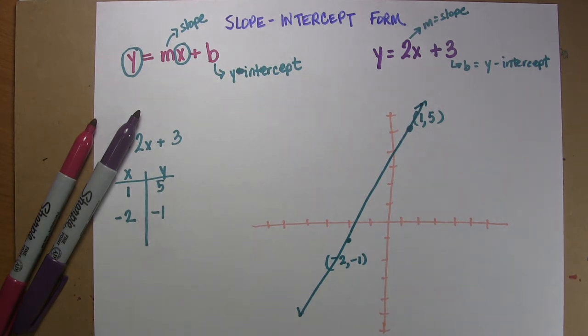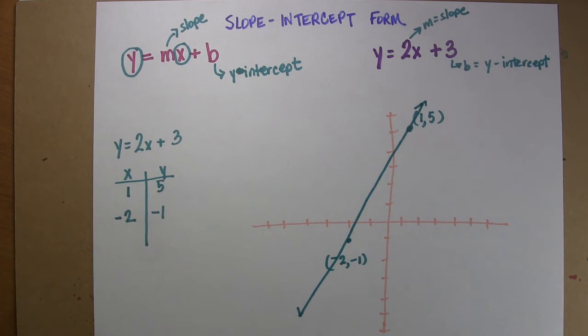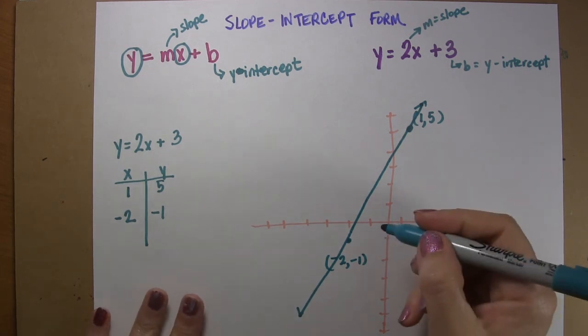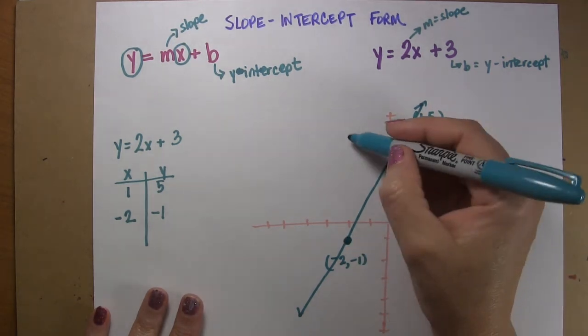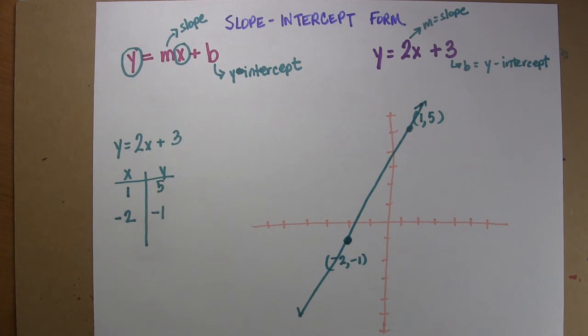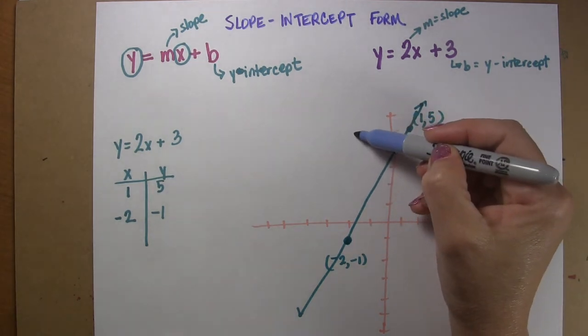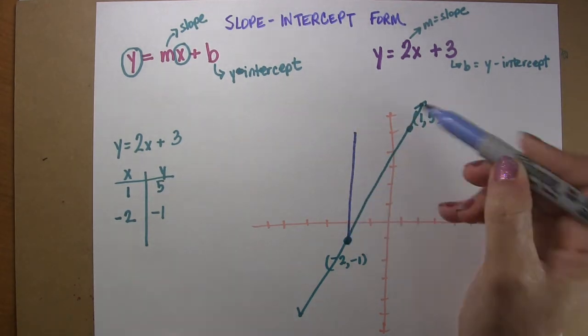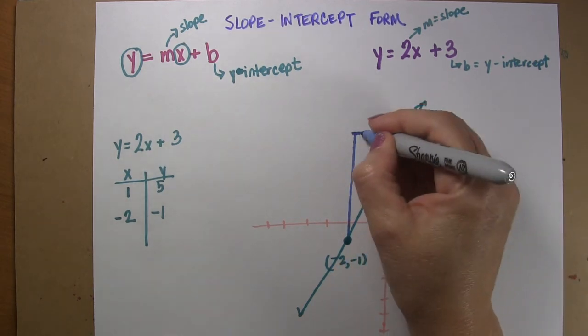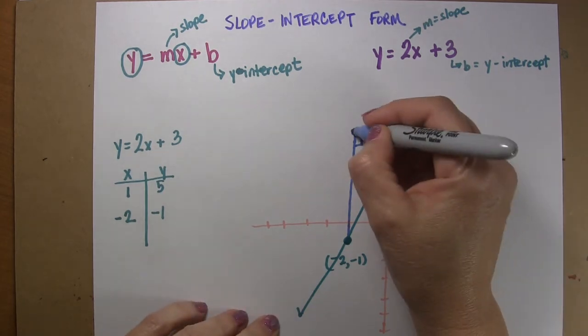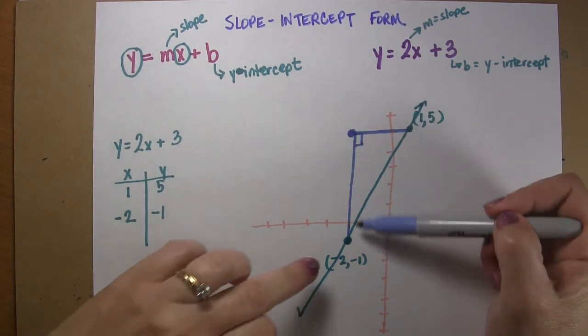All right, so now let's play with this line a little bit and see what we can figure out. So the first thing that I want to do is figure out the slope of this line right here. So the slope of this line, if I were to measure from this point, (-2, -1), and I were to draw a right triangle here, then this point right here would be what?